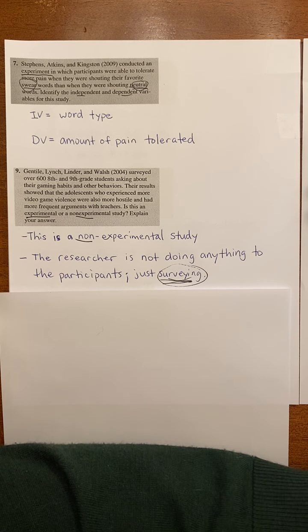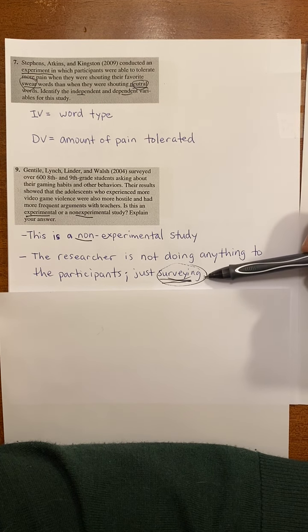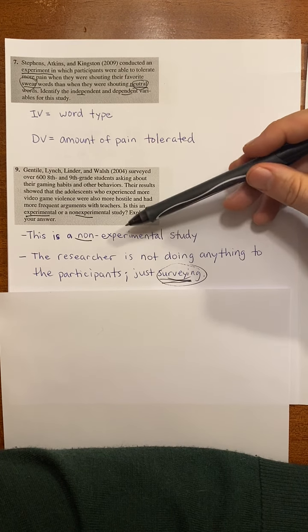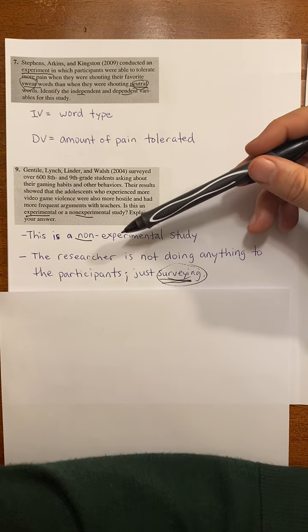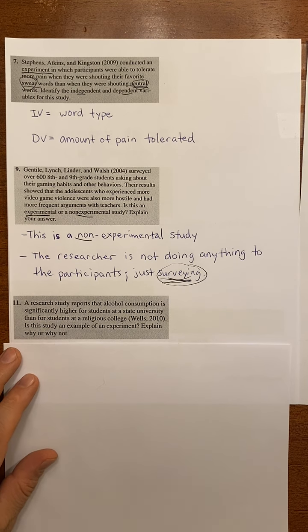You're just asking them a question and they're answering the question, right? So let's just remember that if you're just asking participants a question, you're not doing anything to them, therefore you are conducting a non-experimental study. So moving on to question number 11.